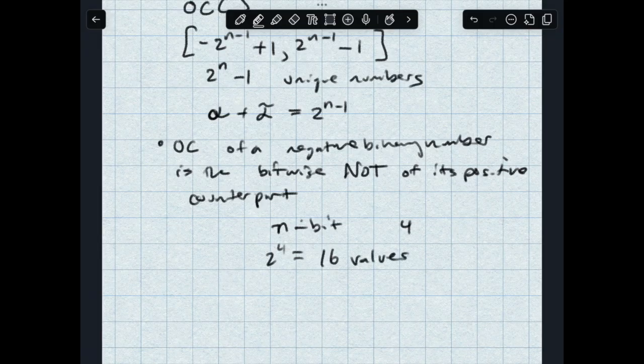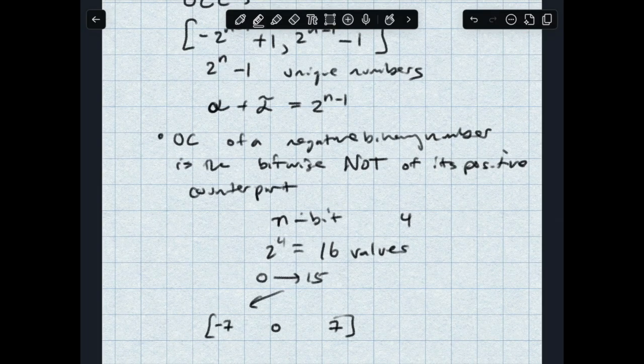What we do is we take that range from 0 to 15 and we shift it so that I'm going from a negative number, which is -7, to +7, where 0 is sort of the middle point of that. Okay, so again, it's 2^n - 1 unique numbers. So now instead of having 16, which would go from -8 up to 7, I would have only 15 possible values going from -7 up to 7.